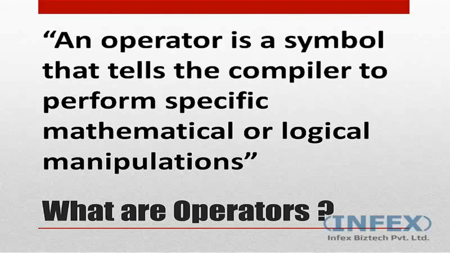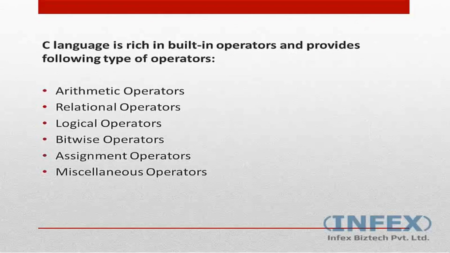We will look at some examples in C programs so that you'll get exactly what an operator is. For now, we'll go ahead and look at some types of operators in the C language: arithmetic operators, relational operators, logical operators, bitwise operators, assignment operators, and some miscellaneous operators. So let's go ahead and have a deep look at these operators.